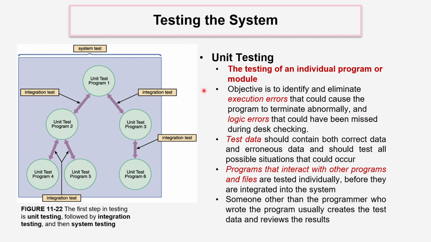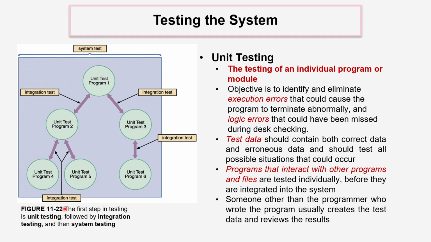The objective is for you to identify and eliminate execution errors that could cause the program to terminate abnormally. The programs that interact with other programs and files are tested individually before being integrated into the system.